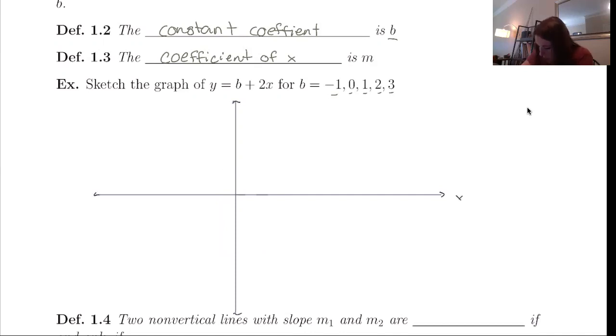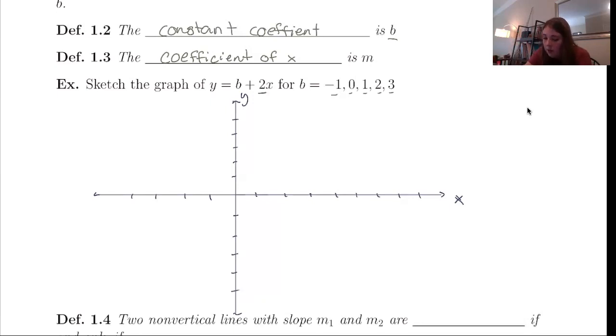Right, so this is our x-axis, x, this is our y. Draw some little lines. Okay, great. So we're asked to sketch this graph.